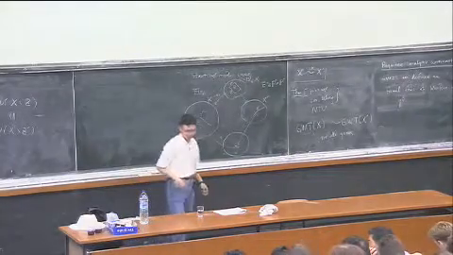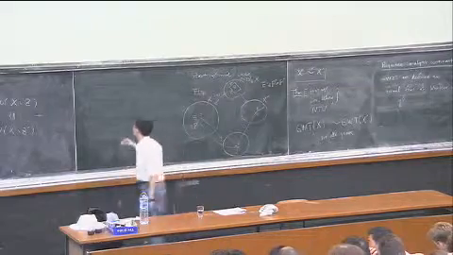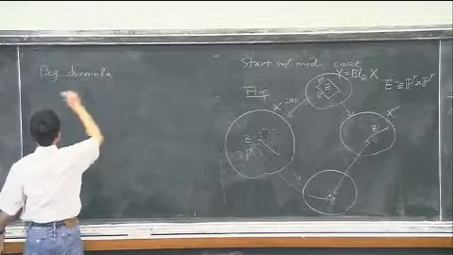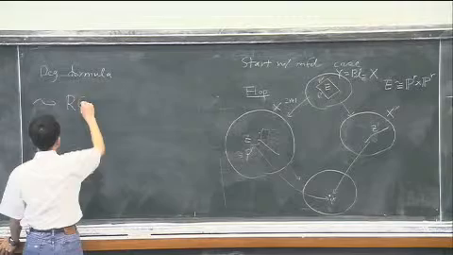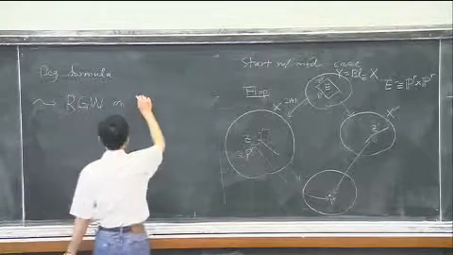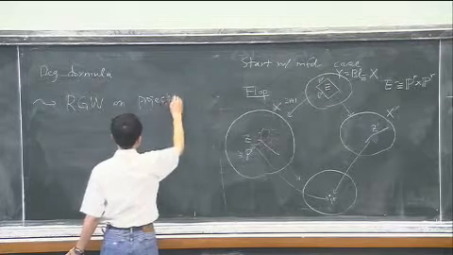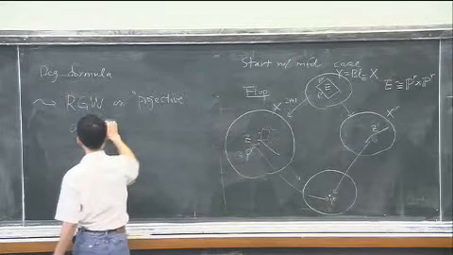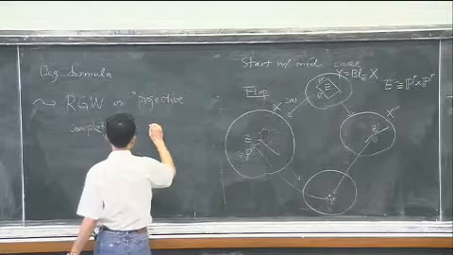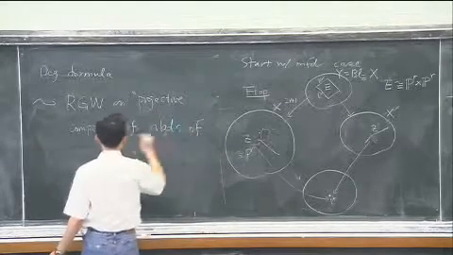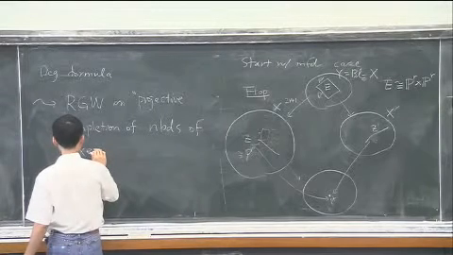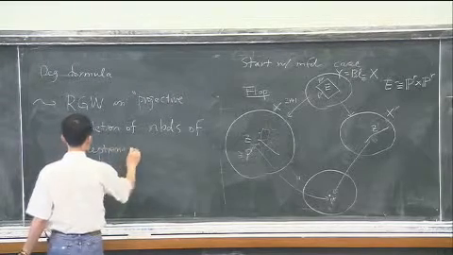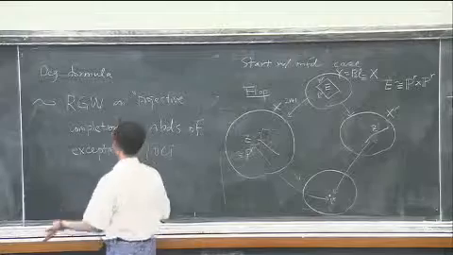So the degeneration formula reduces to relative Gromov-Witten invariants on the projective completion of a neighborhood of the exceptional loci.